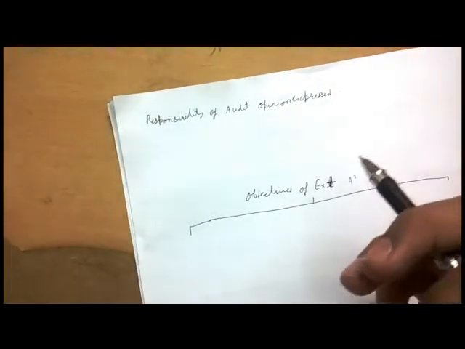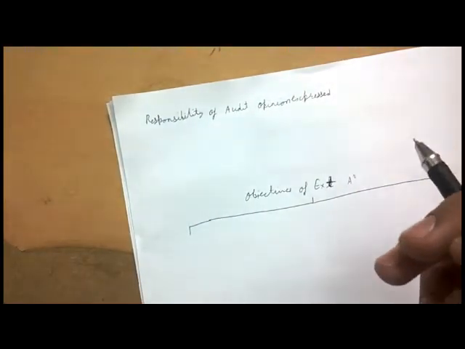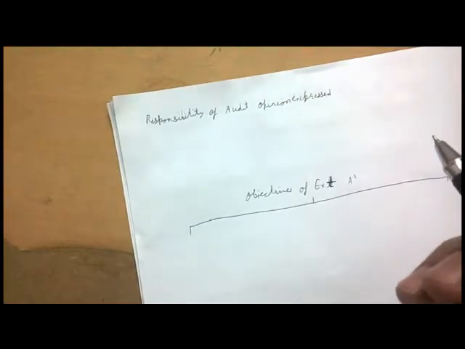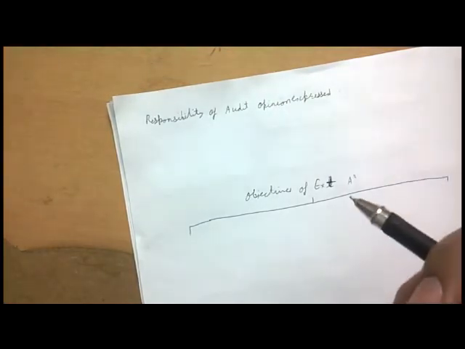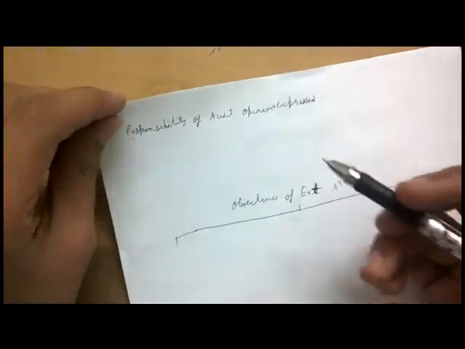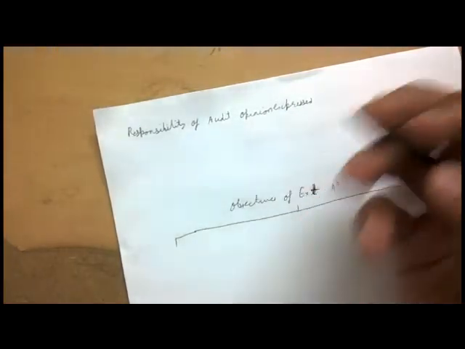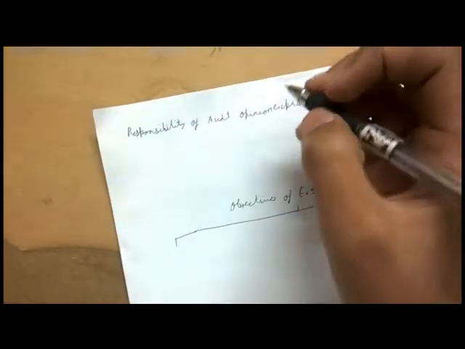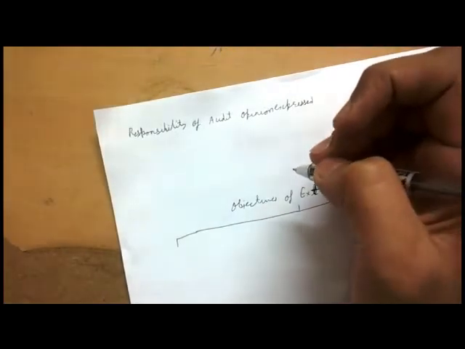Even in my next video, I'll be making a video on SA 620, about the auditor's use of the work of an auditor's expert. In that case as well, his responsibility for the opinion is not going to be reduced by using the auditor's expert's work. On a similar note, if he's using the work of the internal auditor, his responsibility is not going to be reduced.